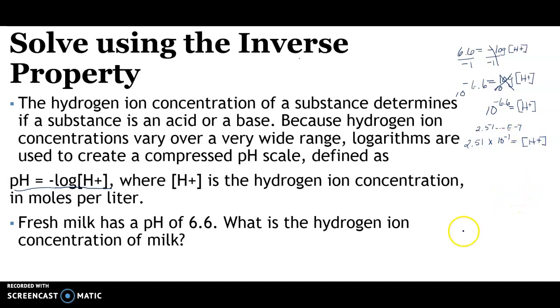So that inverse property, using a base on both sides, is what allows us to cancel the logarithm, because the base of 10 is the inverse of the common log.